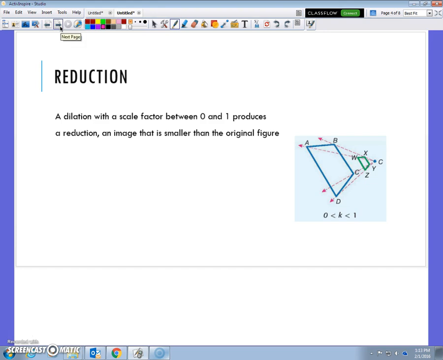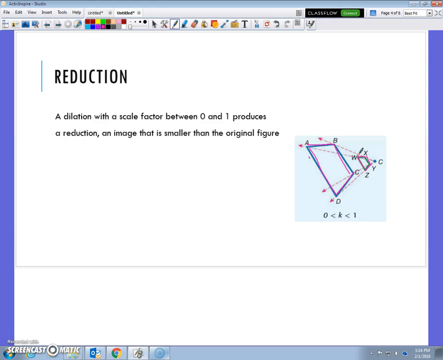Reduction is what is getting smaller, compressed, reduced. This guy, A, B, C, D, would be the pre-image, and now this is the image itself. So it's gotten smaller. When I say it's less than 1, I mean in between 0 and 1.